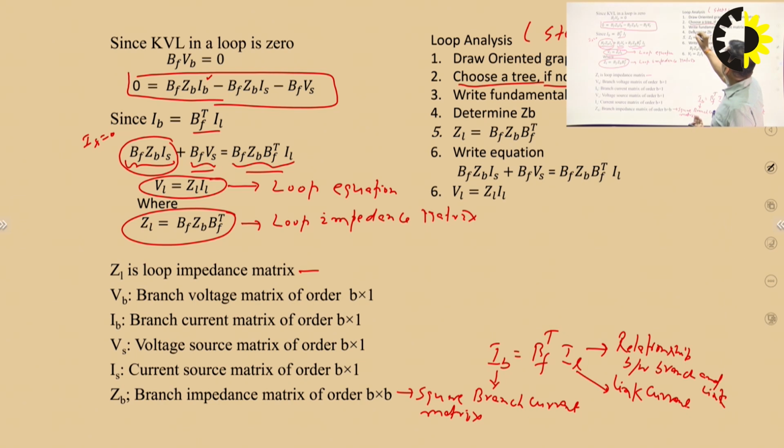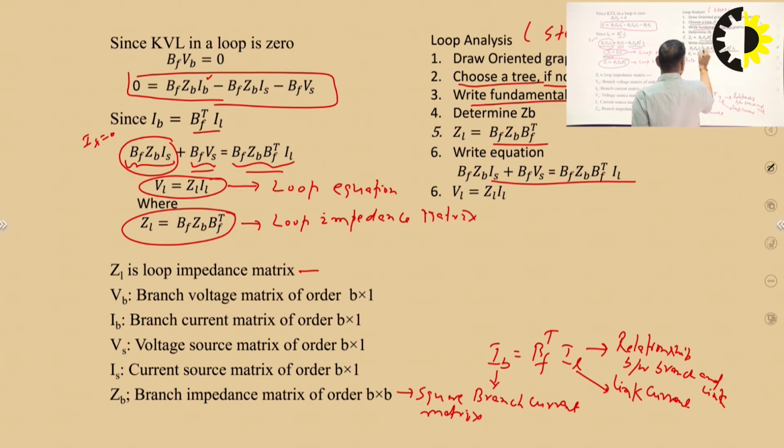Then write the fundamental tie-set matrix, that is your BF matrix. Then determine ZB. By inspection, looking into the network, we can write the ZB matrix. Then simply multiply these three matrices, and we get ZL, and this is your loop equations.